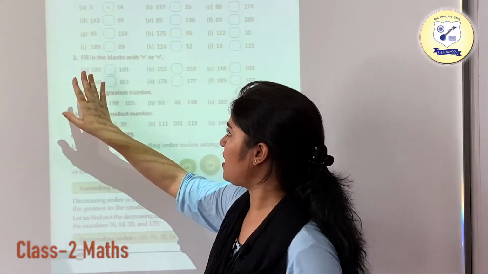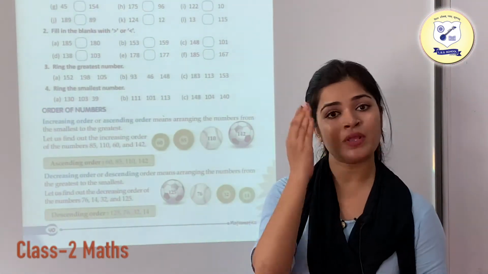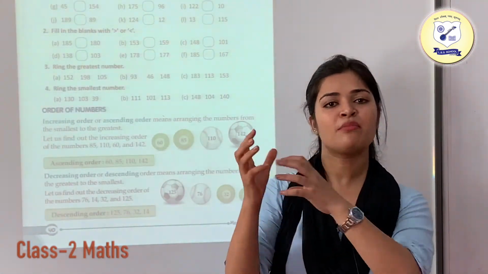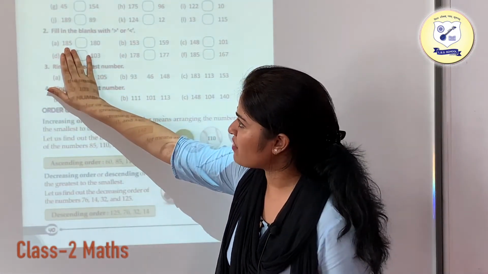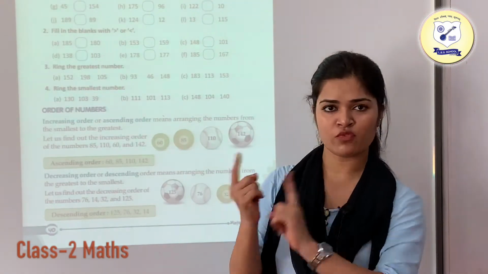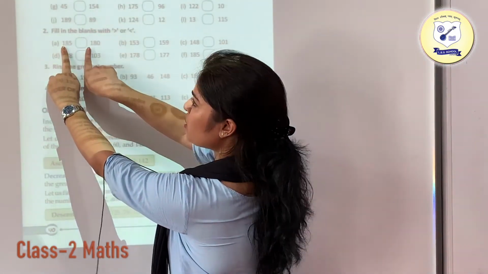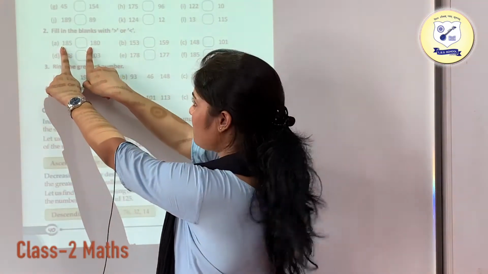Now similarly, we have numbers with the same number of digits. Here you have 3 digits, and in this also you have 3 digits. What we are going to do now is start checking their place values. Here the place value of 100 is the same, which is 1.